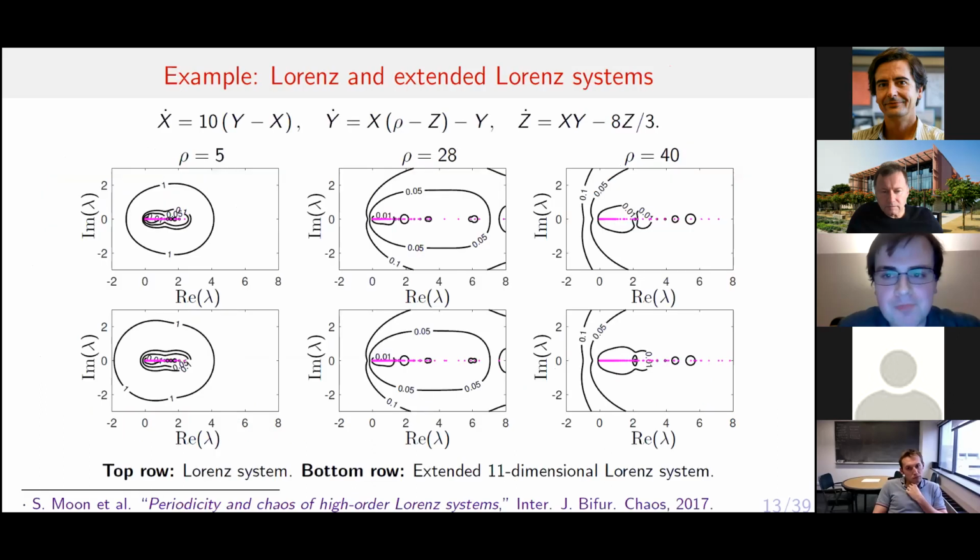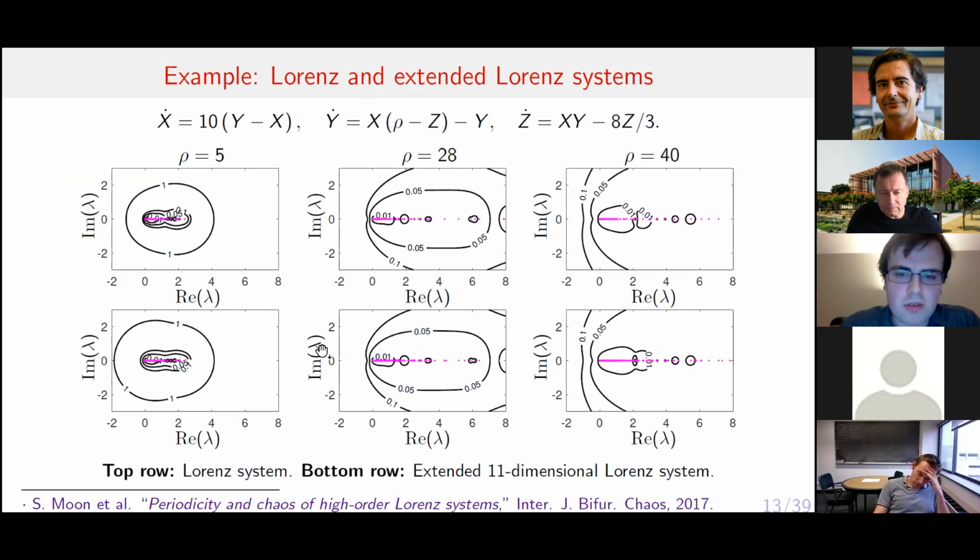Let's look at something a bit more difficult, the Lorenz system. I'm going to look at the Lorenz system on the whole of R3 rather than just on its attractor. It's governed by this coupled system of 3 ODEs. So rho here is, I think, the Rayleigh number, which you can think of as how chaotic the system is. The top row will correspond to Lorenz's original system.